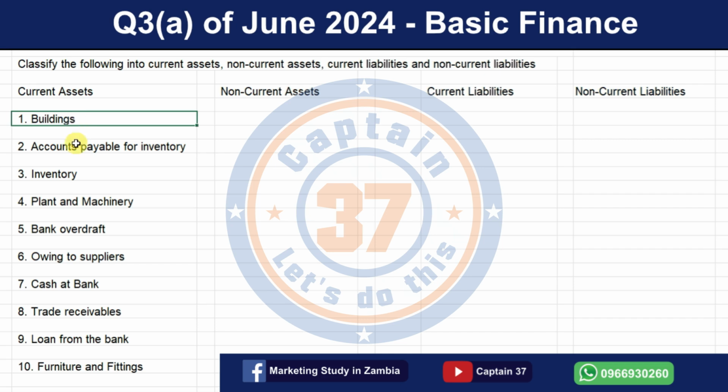Each one of these then would be placed under the appropriate heading, whether it is a current asset, a non-current asset, a current liability, or a non-current liability.